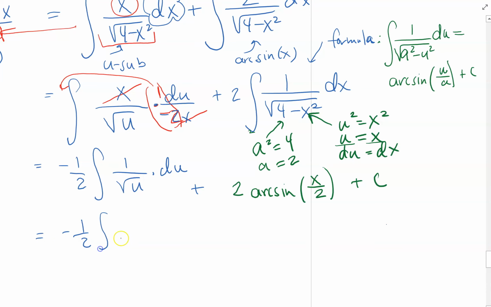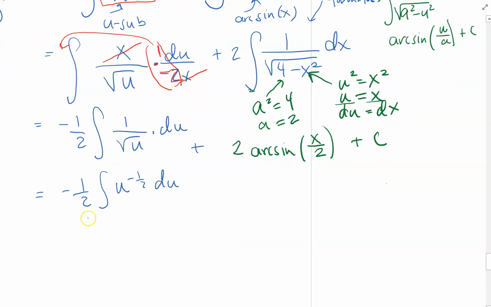So I have the integral of u to the negative 1/2. So the antiderivative of that, I add 1 to the power and divide by that. So I'd have negative 1/2 times u to the 1/2 divided by 1/2 plus a constant, and then of course these 1/2s will cancel, but I still have a negative 1.